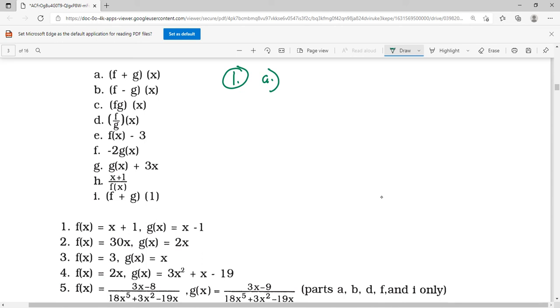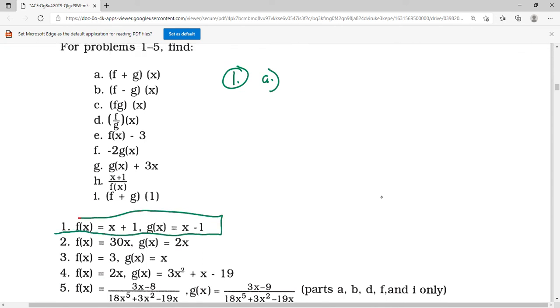So for number 1, we're going to be using these functions for f of x and g of x. And then for a, we're going to do this. So this is f plus g of x, right? Which means f of x plus g of x.